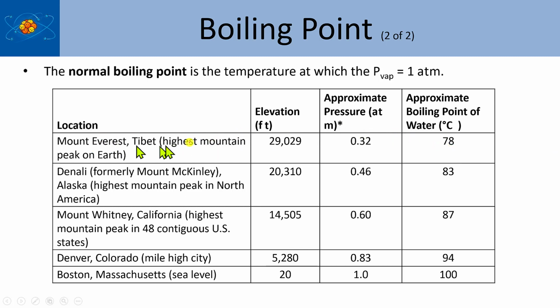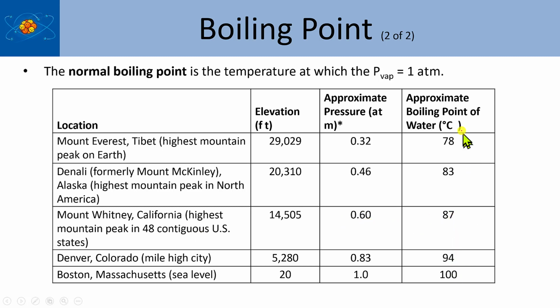On Mount Everest, the atmospheric pressure is 0.32 atmospheres, and it's 78 degrees at that altitude. If you're on Denali, right, it's 0.46 atmospheres, and the boiling point of the water is around 83. The highest point in the United States is Mount Whitney in California. That's about 0.6 atmospheres, right? The boiling point is 87.